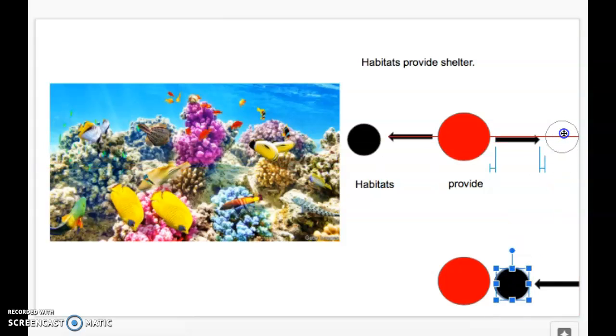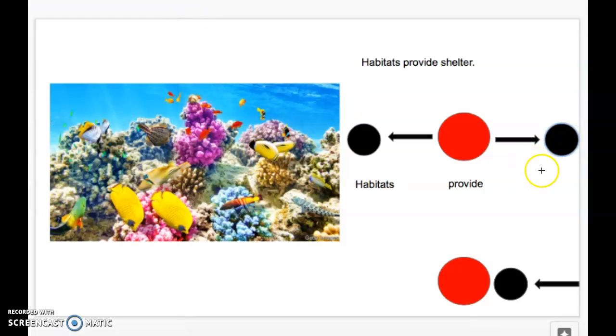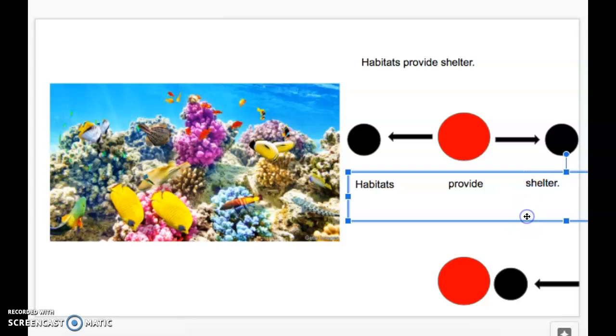So we'll do our black arrow facing the other way, another black circle to add shelter. Making sure I end with a period, since again we are doing a sentence. And here, habitats provide shelter.